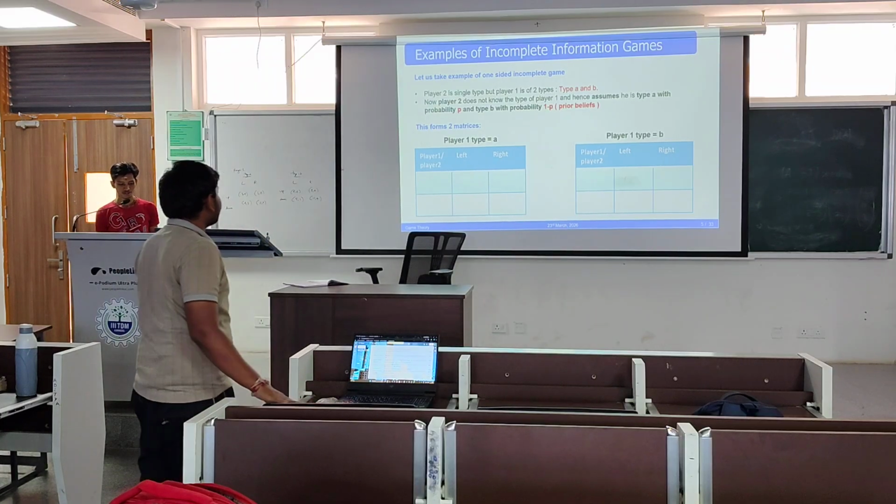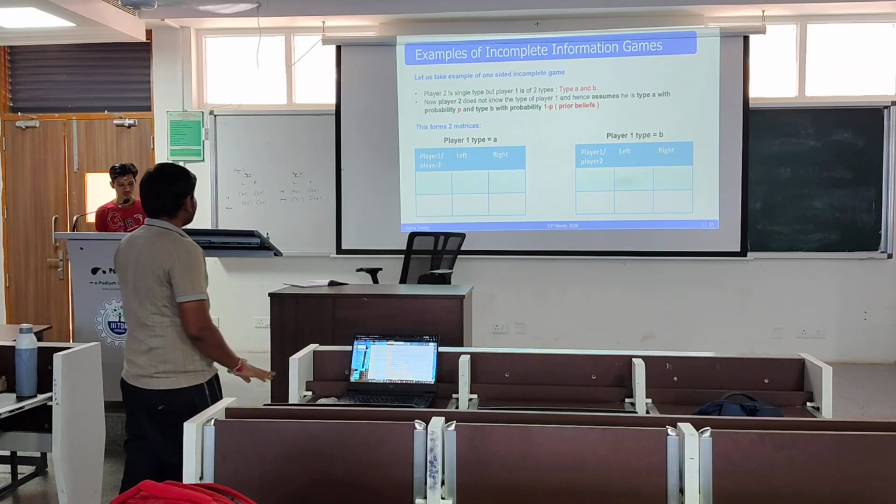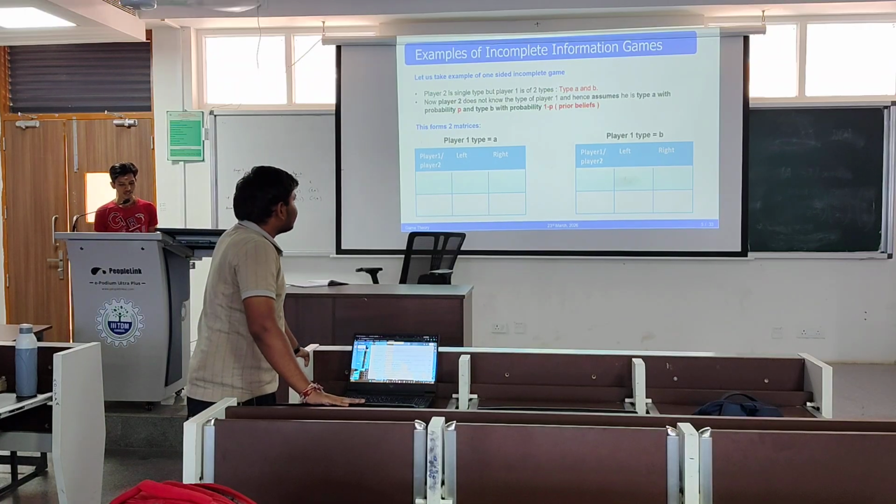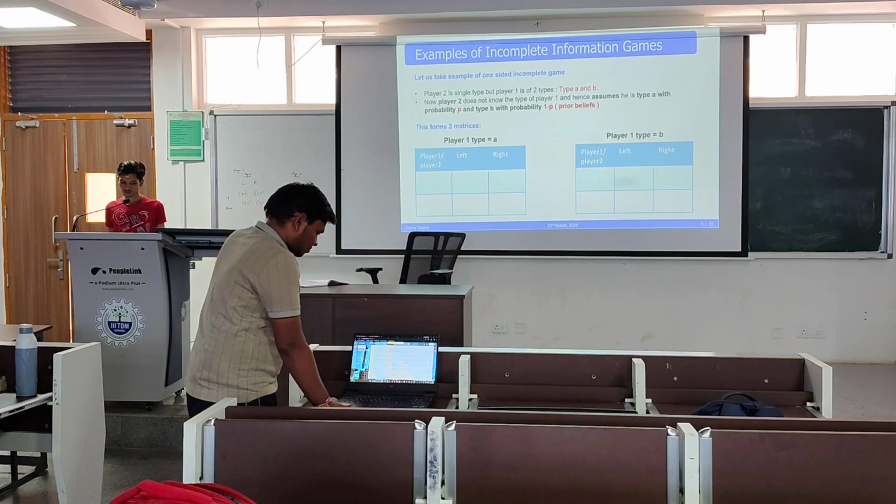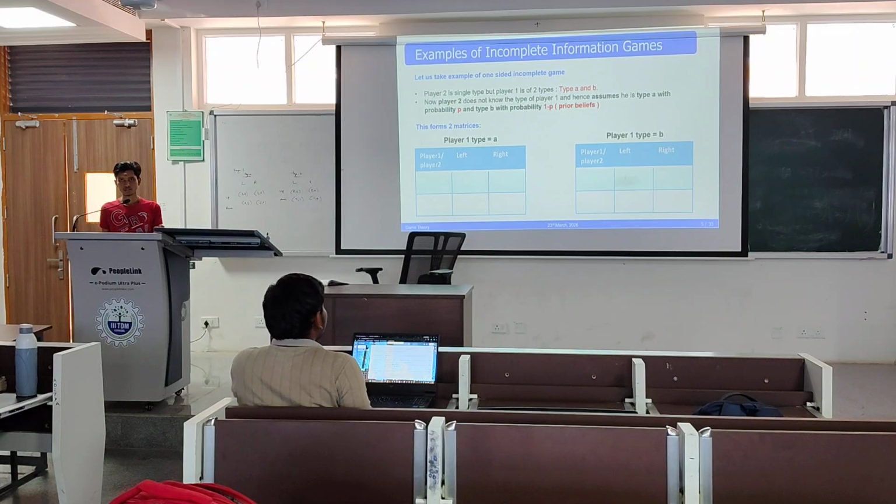As of now, if you see here, player 2 is a single type and player 1 has two types. Choosing left or right, it's like two strategies, like the prisoner's dilemma and the other one, a cooperating game, if you think about it. So player 2 doesn't know whether he needs to choose left or right accordingly.